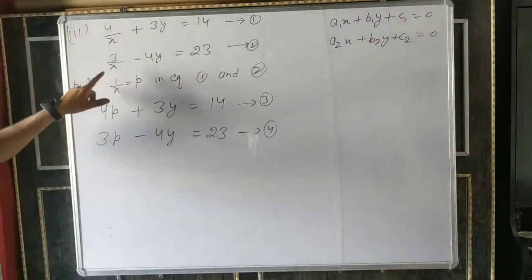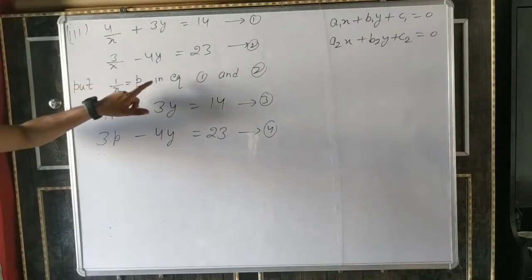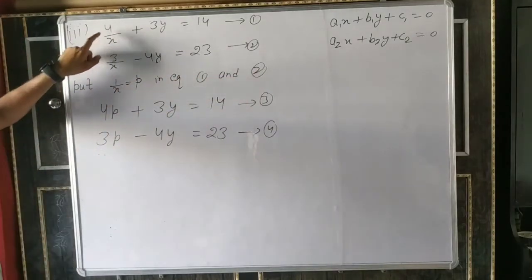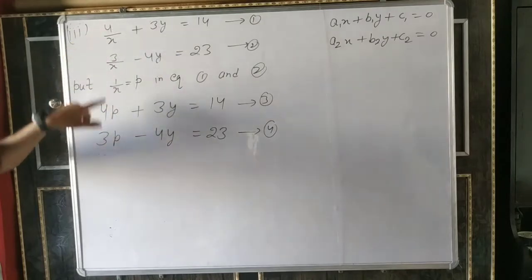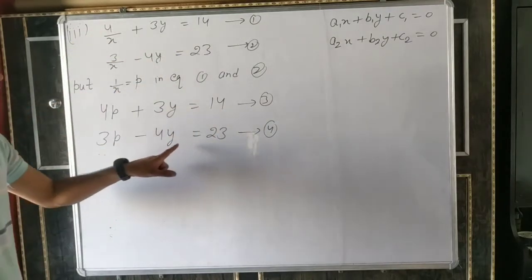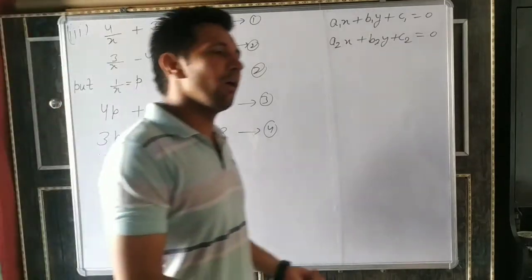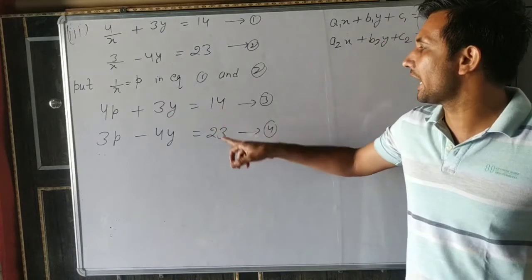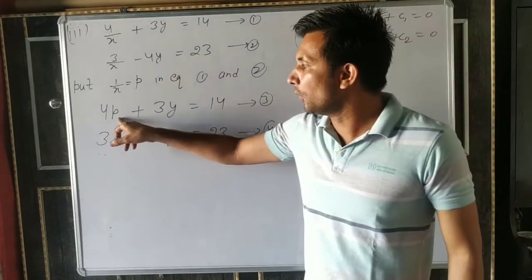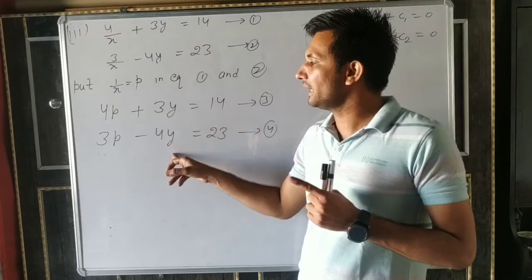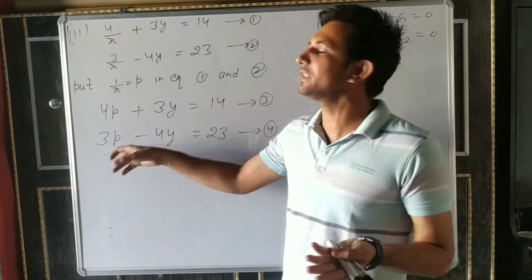Put 1 upon x equal to p in equations 1 and 2. So 4p plus 3y equal to 14, and 3p minus 4y equal to 23. Now we will solve these linear equations 3 and 4 and find the values of p and y. First we will find the value of y, then p, or first p, then y.